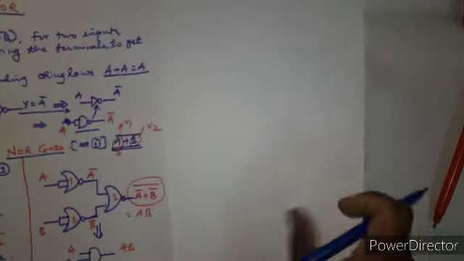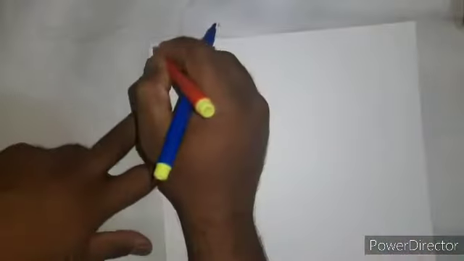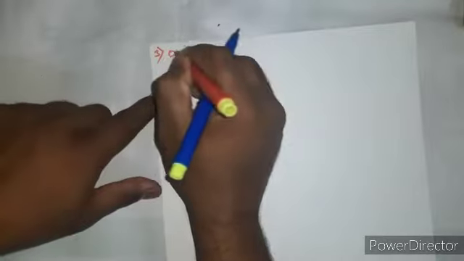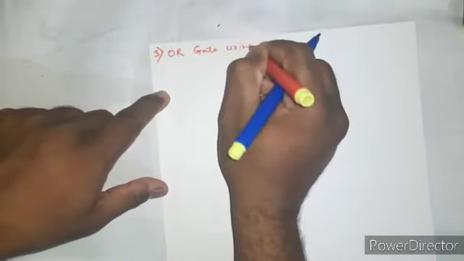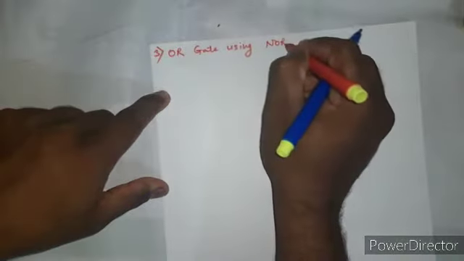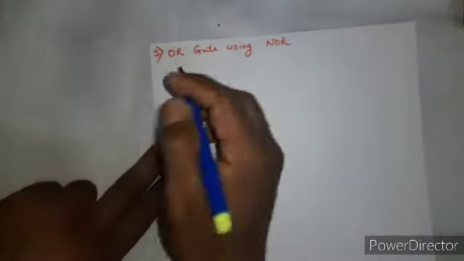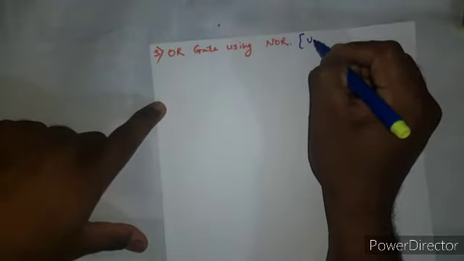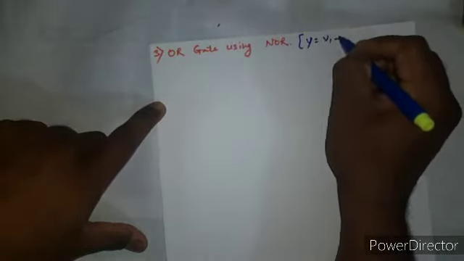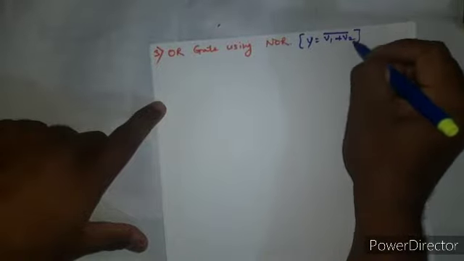Now we can see the third type, the OR gate using NOR gates. In equation 1 we have seen for the NOR gate y equals variable 1 plus variable 2 whole bar.